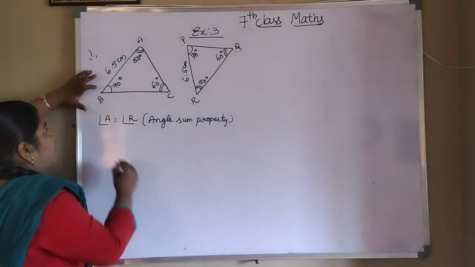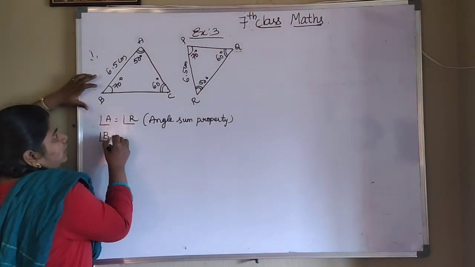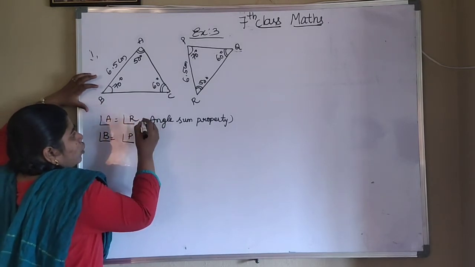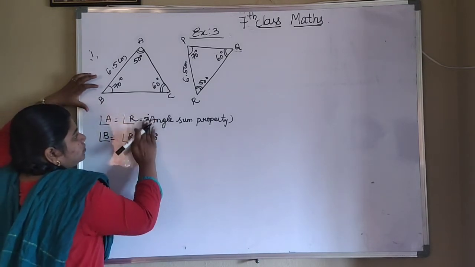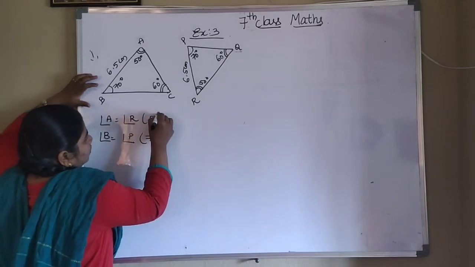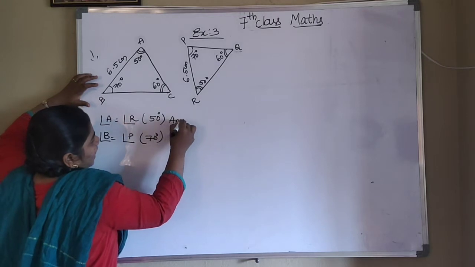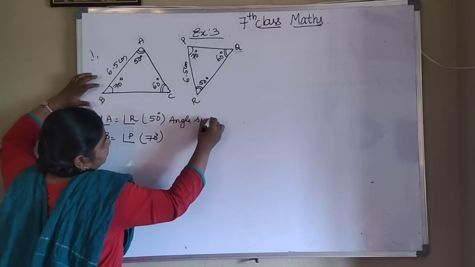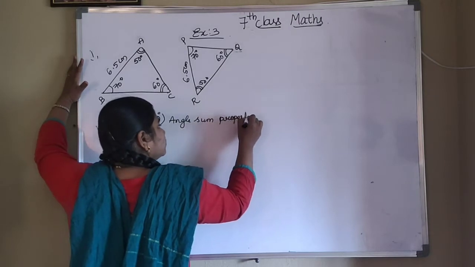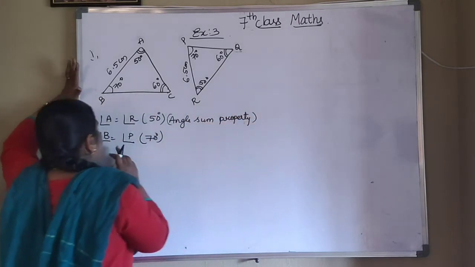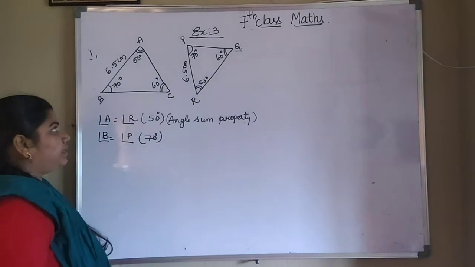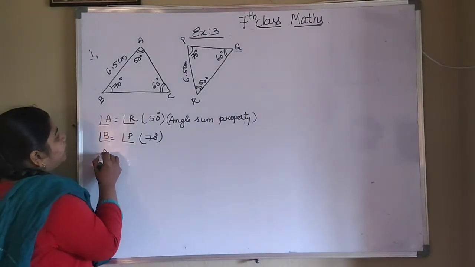So we can write angle B is equal to angle P, that is 70 degrees. Here how much did you get? Here you got 50, by using the angle sum property. Angle B is equal to angle P, that is 70 degrees, and which side are we taking?